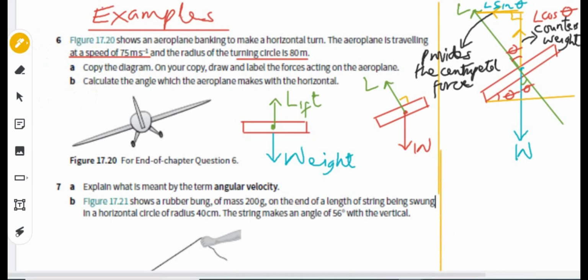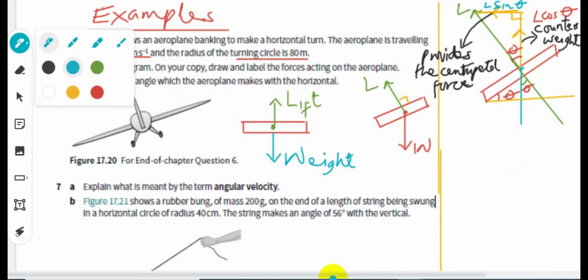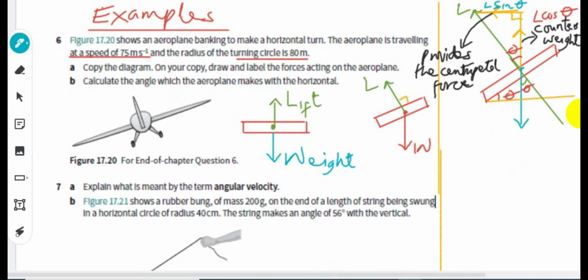Alright, so that we can finish this question, I will complete it on the other page. Let me reduce this so we have enough space to show the workings. Remember, L sin theta is a centripetal force, F, which is of course mv squared over r.